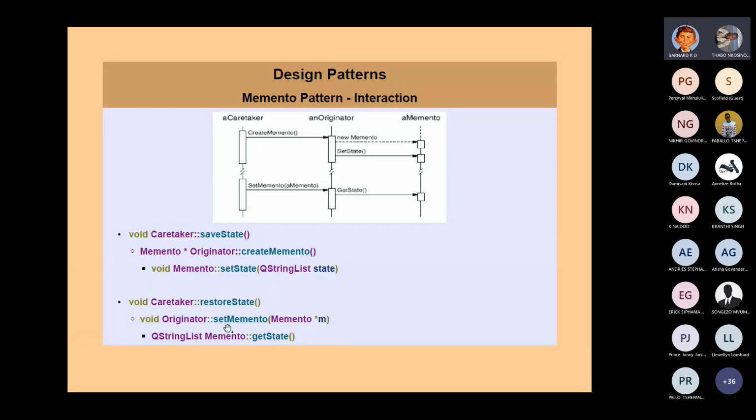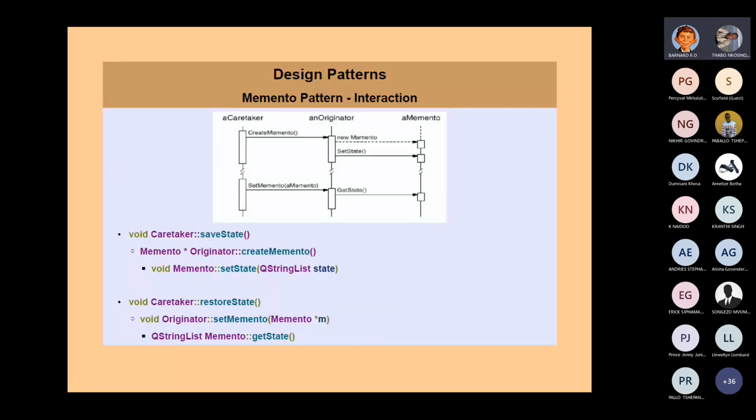It in turn gets the originator to call its set memento method, and that in turn gets the memento object to call its get state method, which returns the state to the originator. So it's actually a fairly simple process. It's just chaining these methods one after the other.